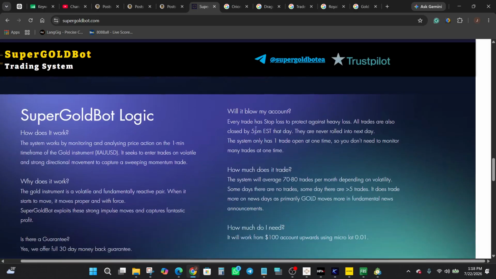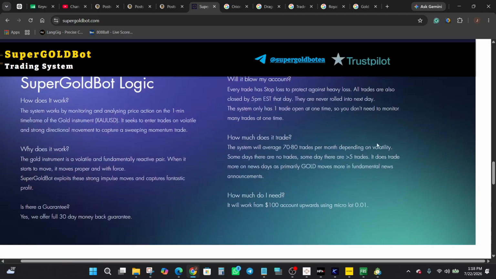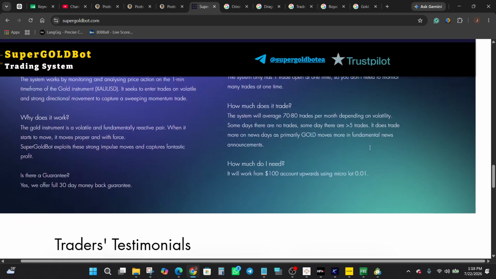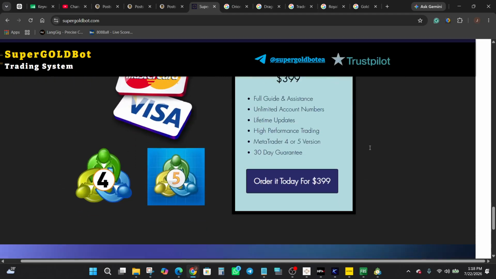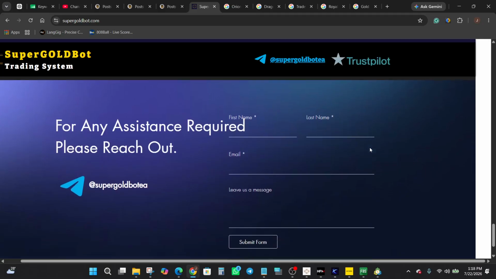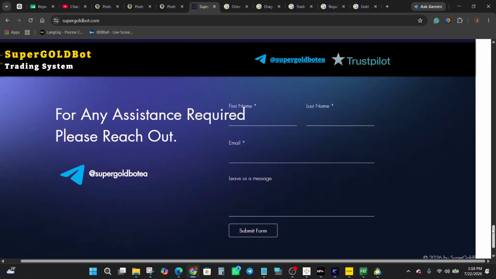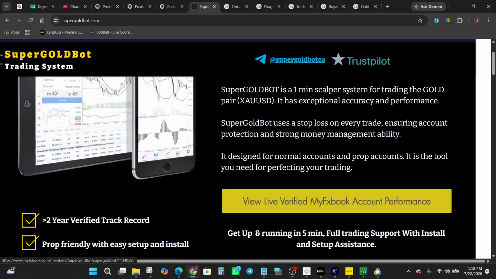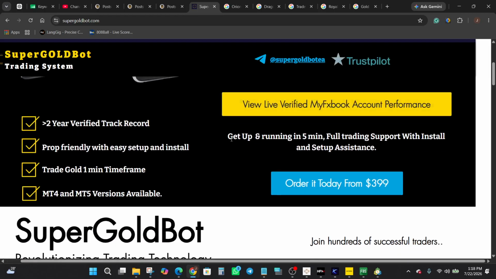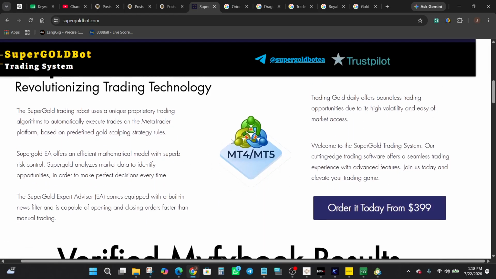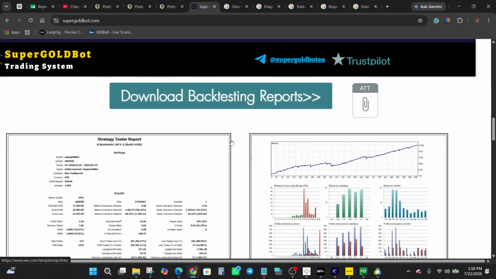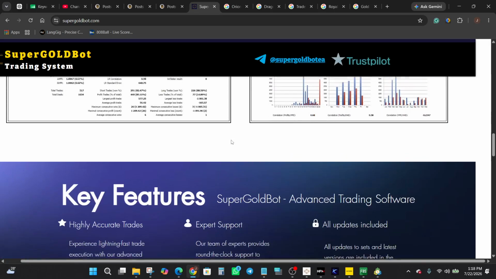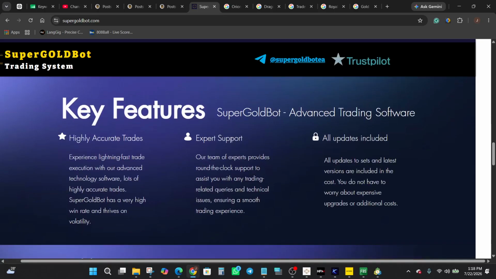Okay, and then there is the single position limit, whereby the system runs only on one open trade at a time, avoiding trade stacking or multiple position exposure. Okay, and then there is also the same day closing, whereby all trades are closed by 5 p.m. EST each day and are never rolled over into the next trading day.